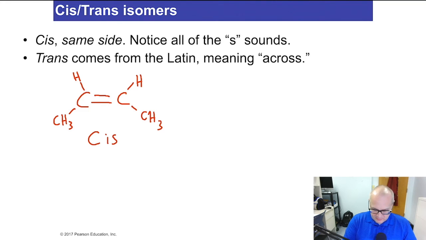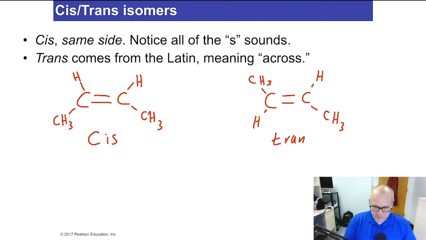Let me draw its cousin, or its brother, or its sister, however you want to describe it. This is called trans. Now, the hydrogens have to be on the adjacent carbons, but they have to both be part of the double bond. Okay?